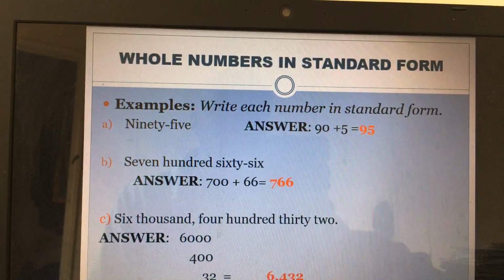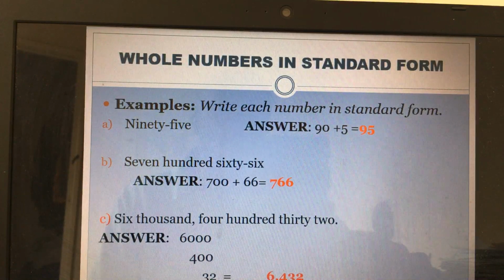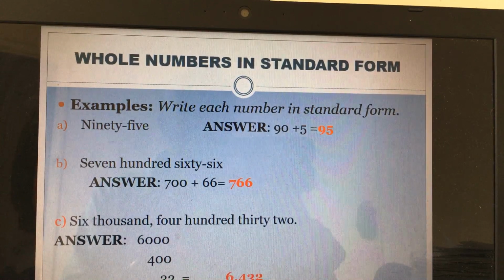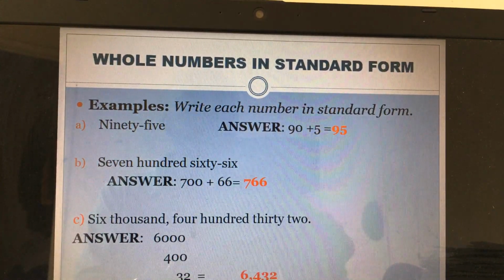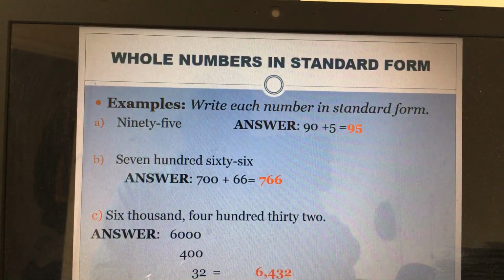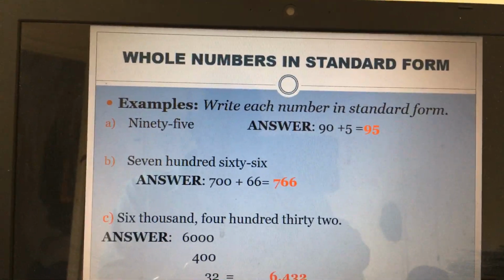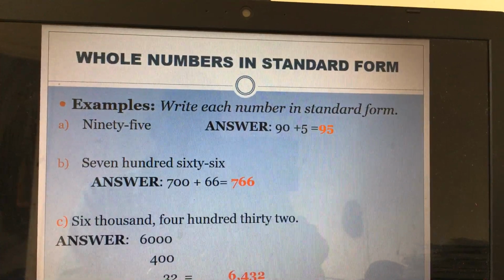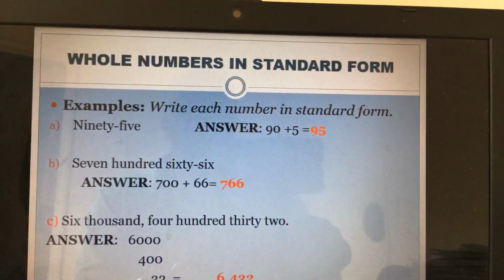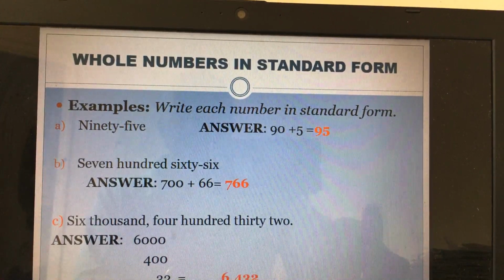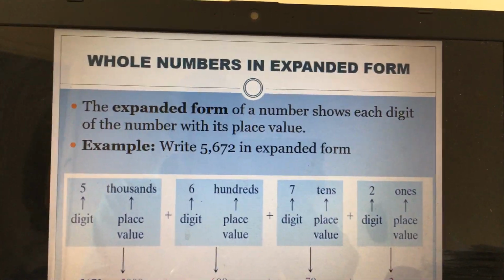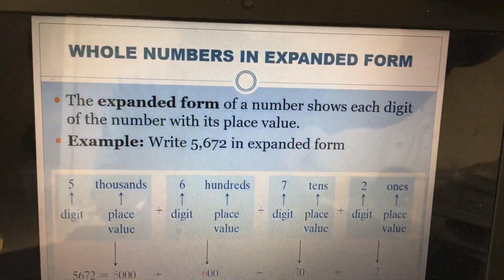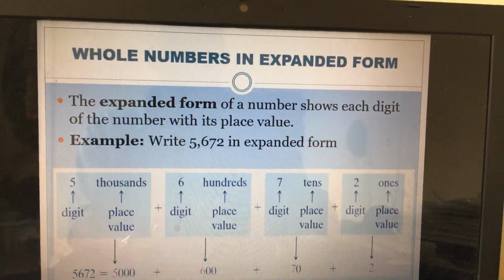Okay, so now I have explained to you how to write a number in standard form. Next thing we're going to cover is how to write numbers in expanded form. Let's try this example here. It says to write this number in expanded form.